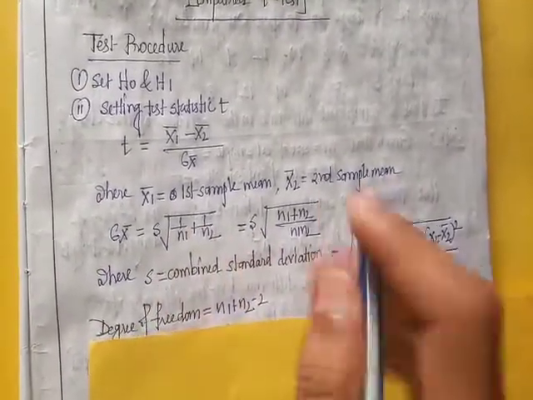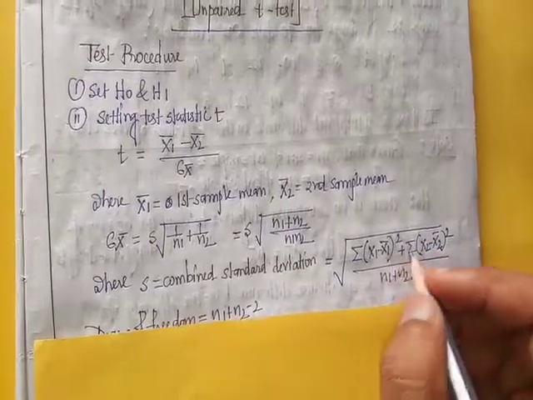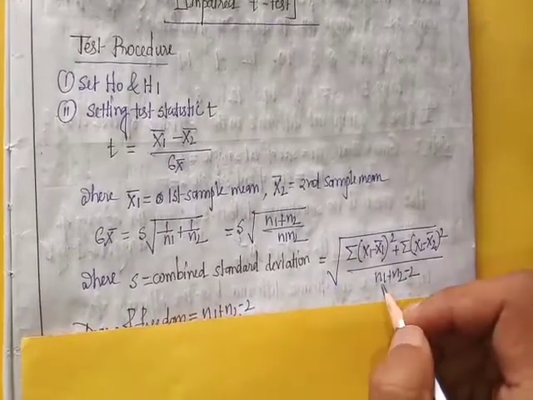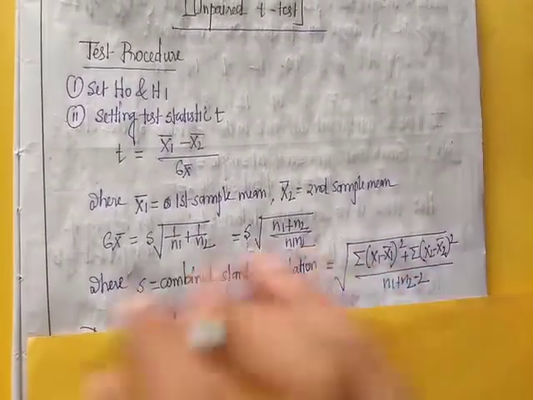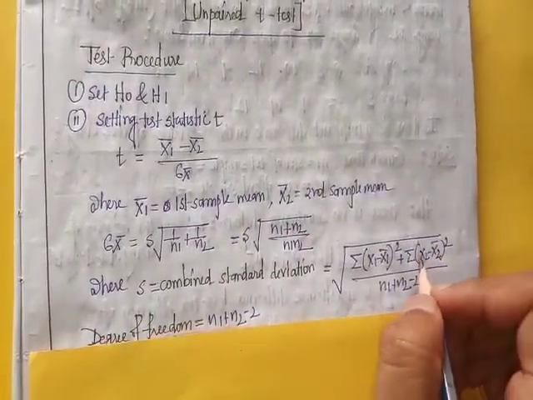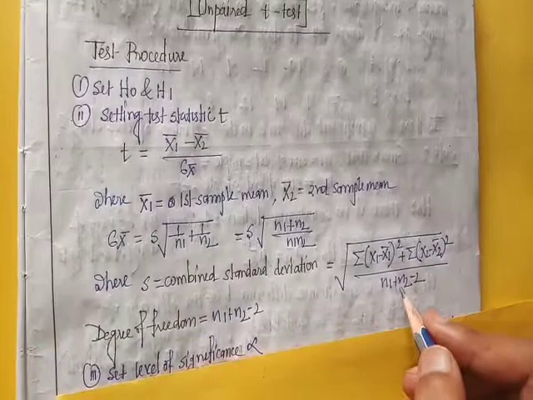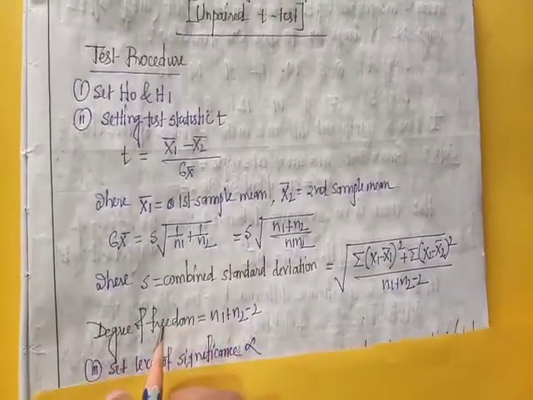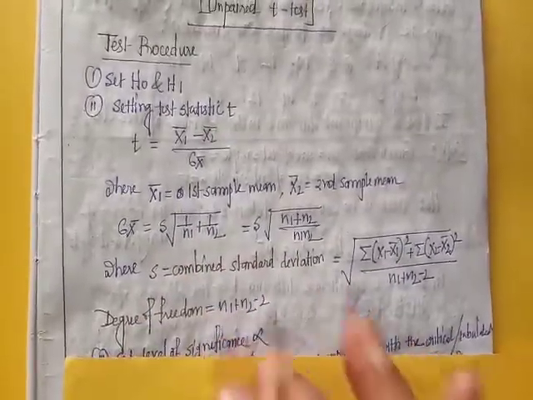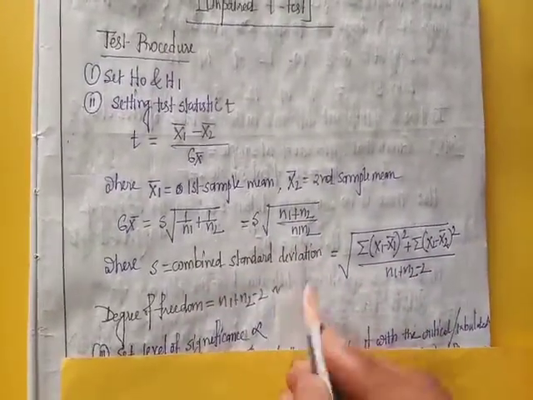The formula of s is root over summation x1 minus x1 bar whole square plus summation x2 minus x2 bar whole square by n1 plus n2 minus 2, and this n1 plus n2 minus 2 is called the degrees of freedom. So the degrees of freedom for the unpaired t-test is n1 plus n2 minus 2, where n1 is the first sample size and n2 is the second sample size. Please remember this, very very important.